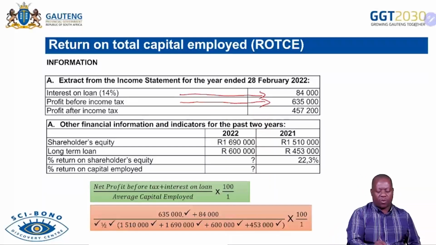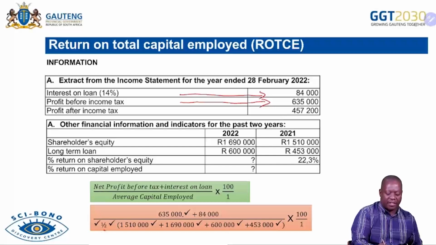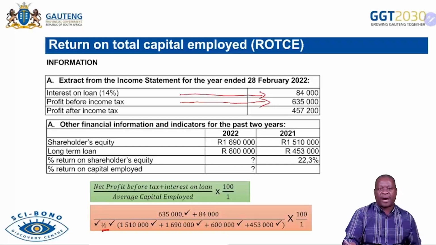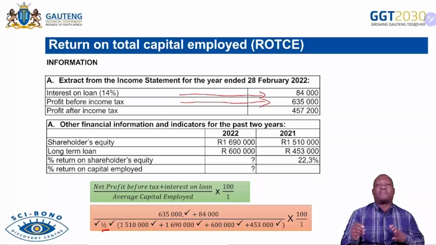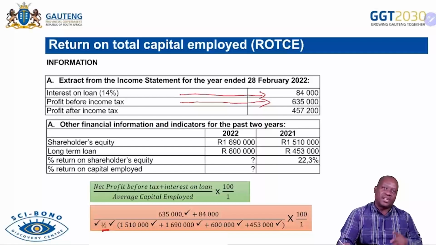Added together, we are going to find half of that, which means we are dividing it by 2, and then we multiply by 100 because this has to be as a percentage.